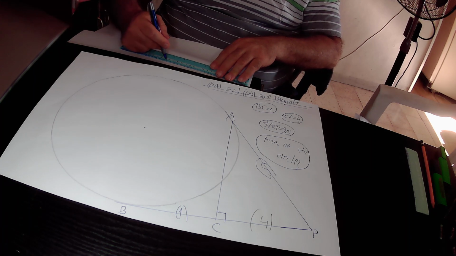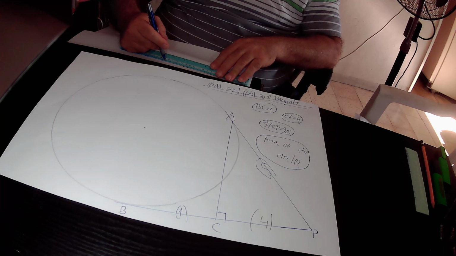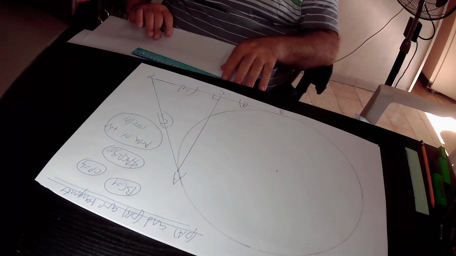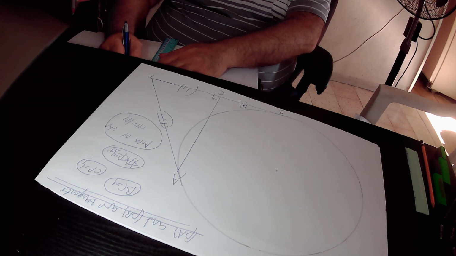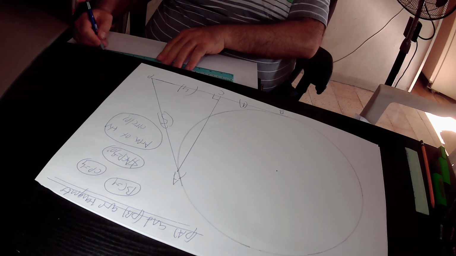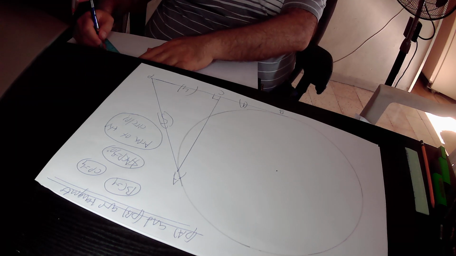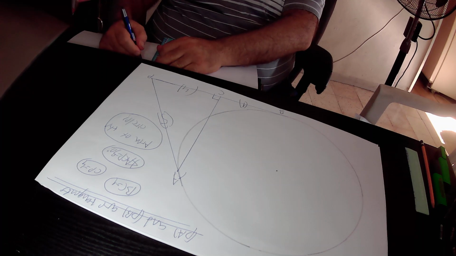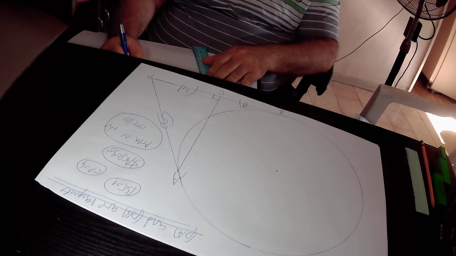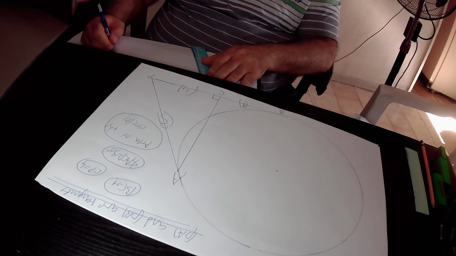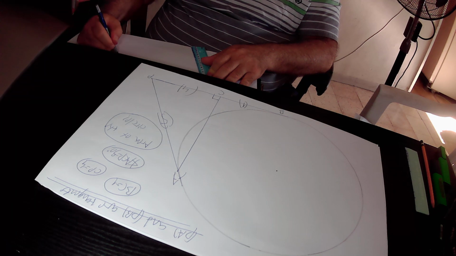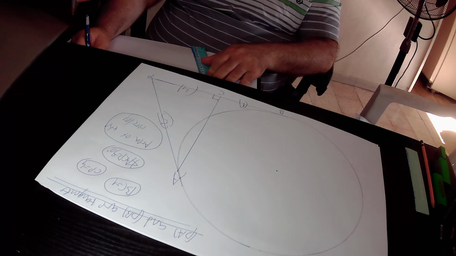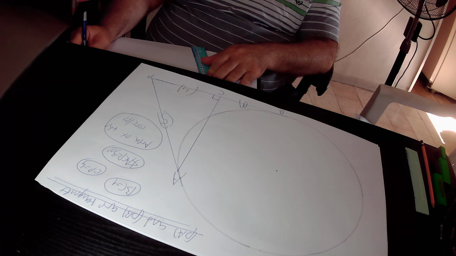According to the Pythagorean theorem, in any right triangle, the square of the hypotenuse equals the sum of the squares of the perpendicular sides.